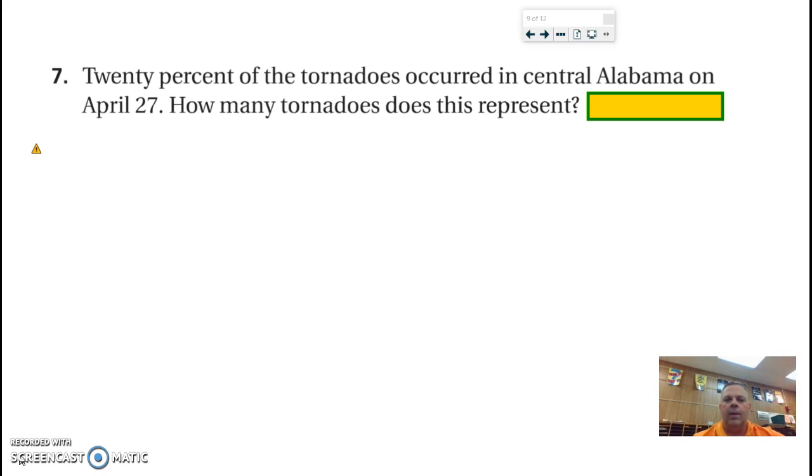Our proportion is set up as X over 145 equals 20 over 100. When we multiply across, we get 145 times 20 equals 2,900. We then divide by 100 and we get our answer of 29 tornadoes.